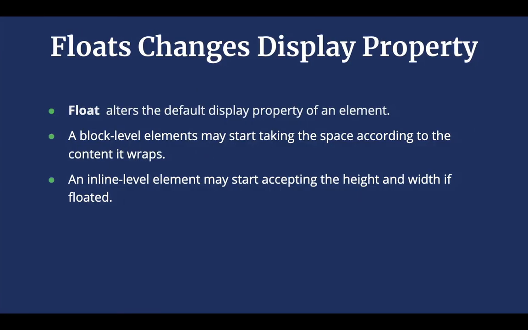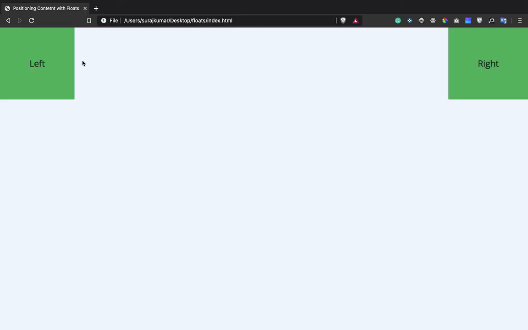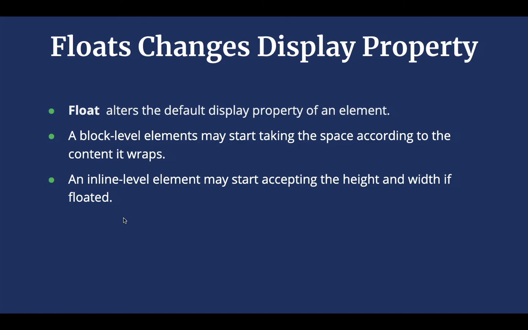A block level element may start taking space according to the content it wraps, exactly as here. The left and right boxes by default are block level elements, but they are coming on the same line. That means float changes the display property also. And at the same time, an inline level element may start accepting height and width if floated.